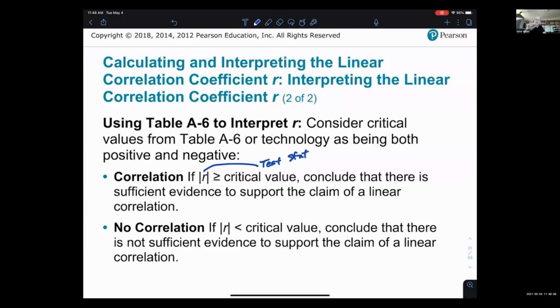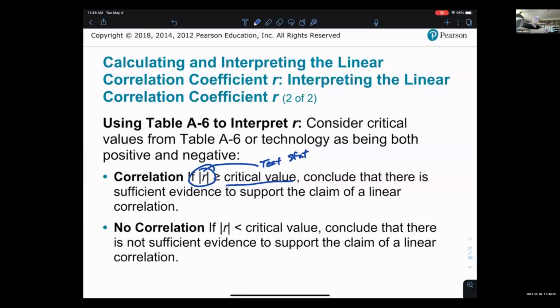This is a two-tailed test because you could be close to 1 or close to -1. You could be away from 0 in either direction. And that's why there's going to be two sort of critical values for R, but they're showing the absolute value is larger than some positive critical value number that they're using there. And so using the critical value method, then if that's the case, there's sufficient evidence to support the claim of linear correlation.